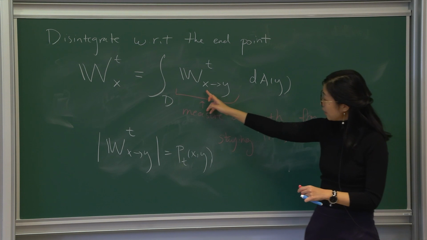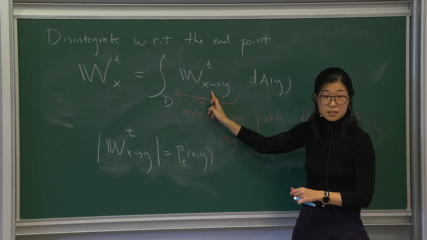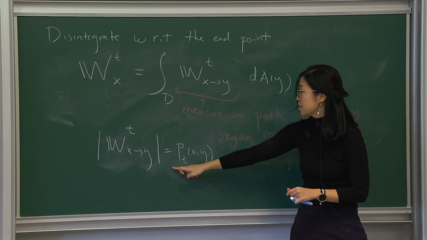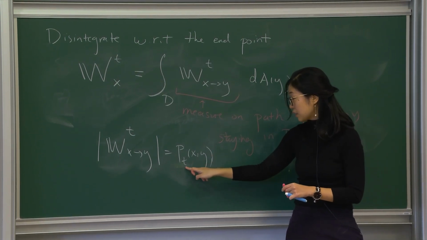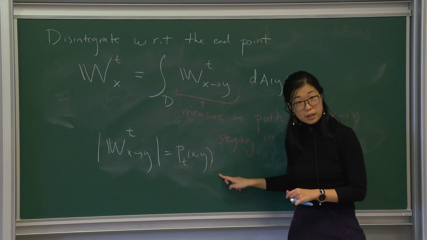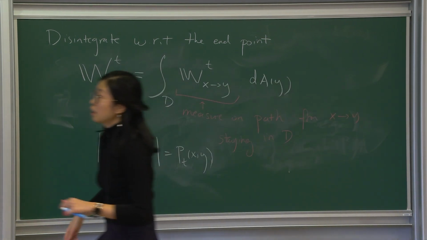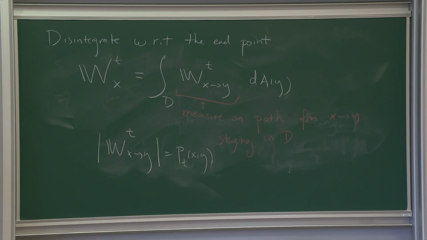All right, now I have defined this, and this is not necessarily going to be less than 1. So this integration that has the total mass is the heat kernel. Especially when t goes to 0, it's blowing up. Okay, let me just maybe.